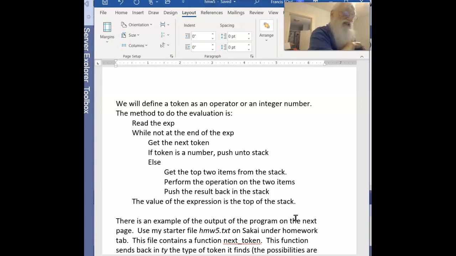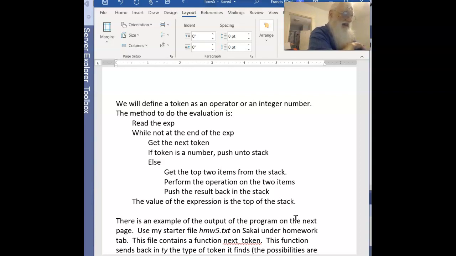So we go to the stack and take off the first 2 items from the stack. And then we perform the operation and push the result back onto the stack. When we finish, when we get the end token, the value should be in the stack. Now, I'm not asking you to look for errors in the input. I'm going to assume that the input is proper, that there's no problem.